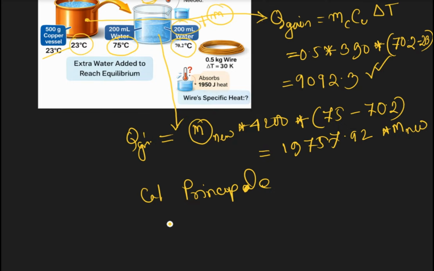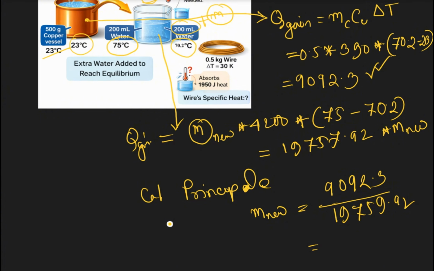Anyways, we can write m new equals 9092.3 over 19757.92. So the new mass will be 0.4605 kg. So this is the new mass, right?